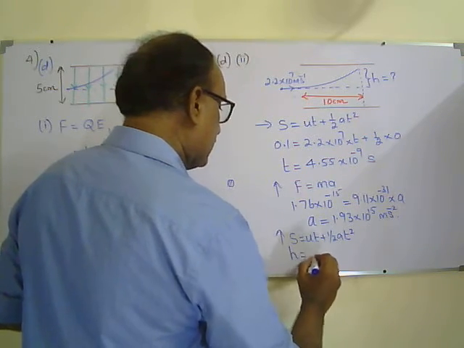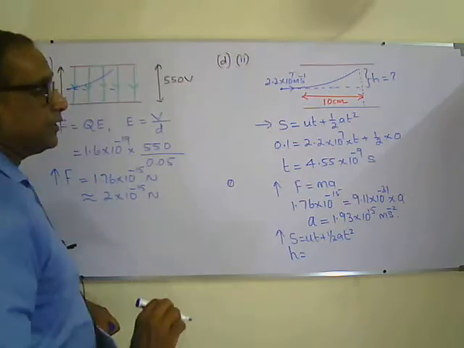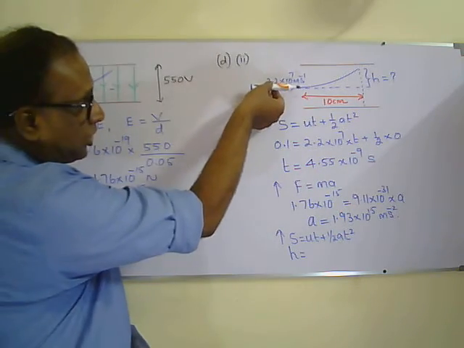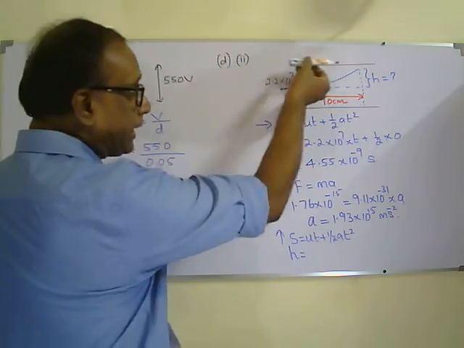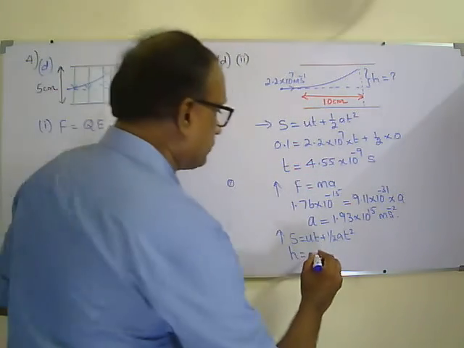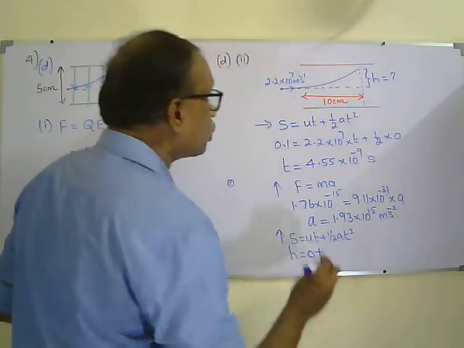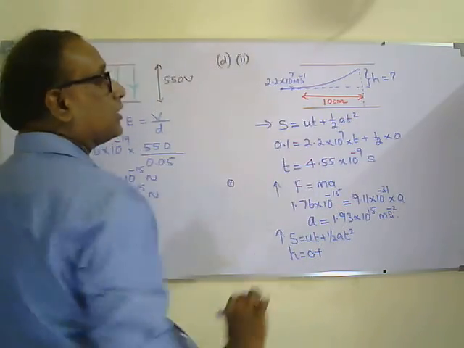So h equals, when it enters the region between the plates, its velocity towards the positive plate is 0, because it's entering parallel to the plates. So that should be 0, as it has no component towards the plates.